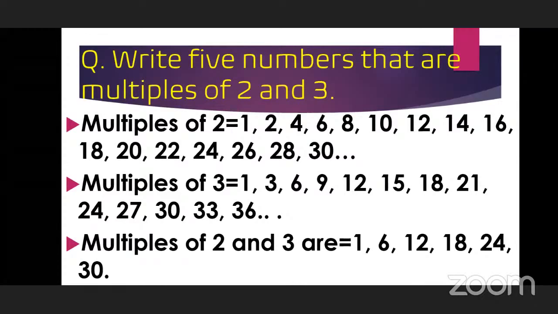The numbers that come in both are 6, 12, 18, 24, and 30. So these numbers are the common multiples of 2 and 3.